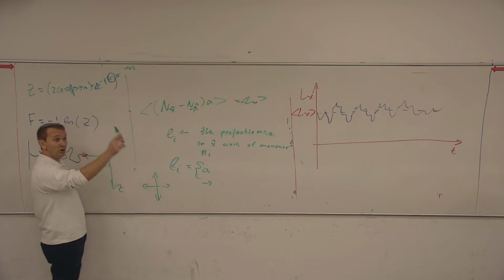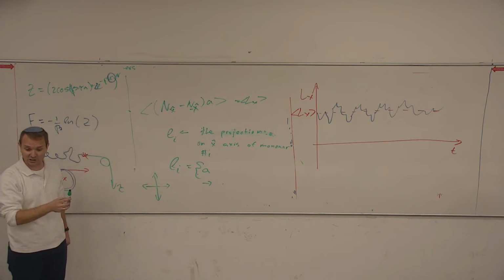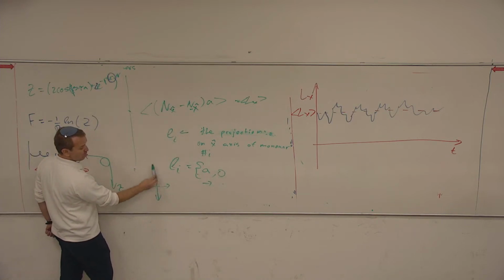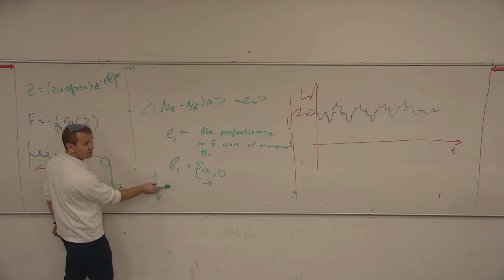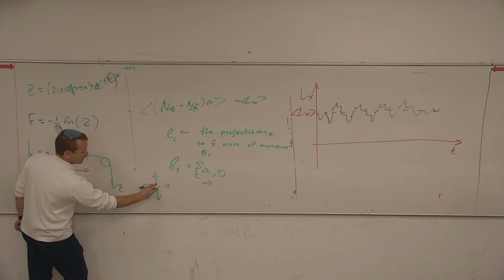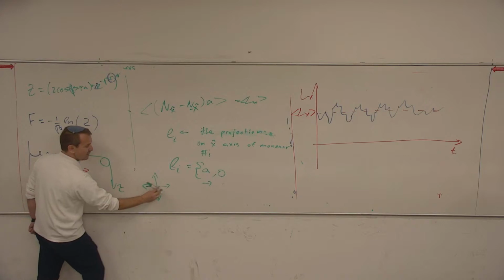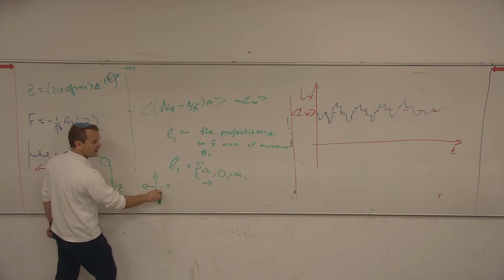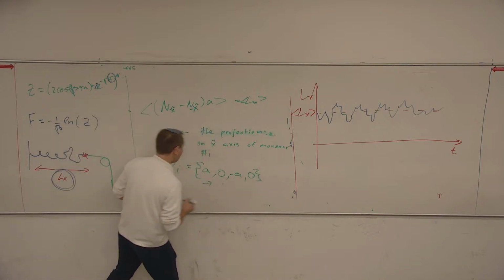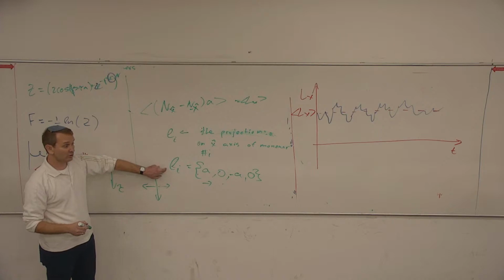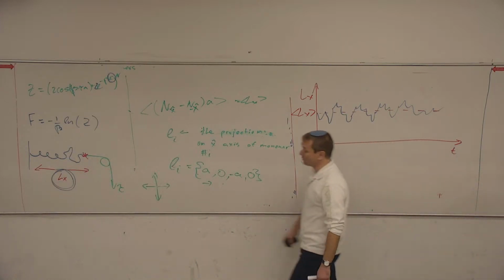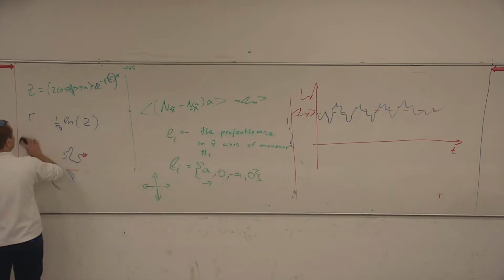It's the projection of the size of the monomer, not its energy. When the monomer points upwards, it's perpendicular to the x-axis, so its projection is 0. When it's in the left state, this is minus a. And when it points downwards, 0. So this is the size, or the projection, of my monomer on the x-axis.